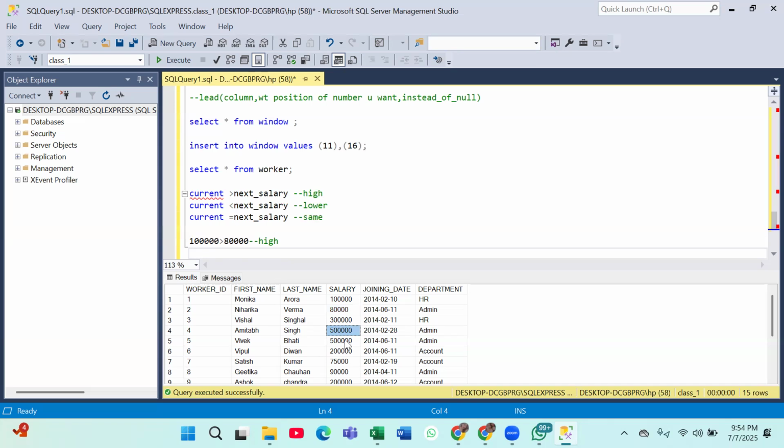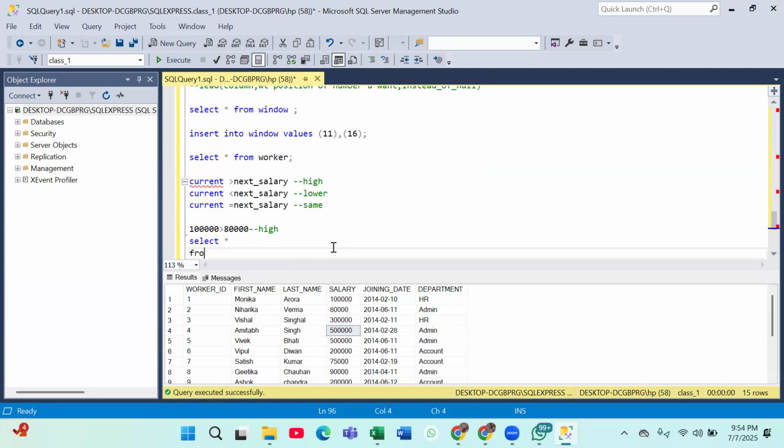Yes, Pragya. Okay. How can we give the remark? Do you guys remember what we used to use for remarks? Case when. Very good. So select star from your table worker.